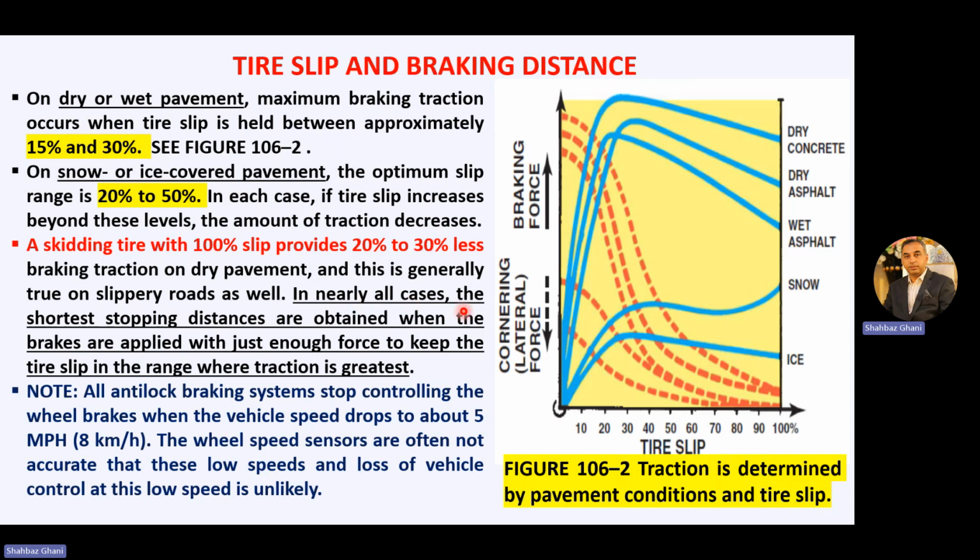In nearly all cases, the shortest stopping distances are obtained when the brakes are applied with just enough force to keep the tire slip in the range where traction is greater. Now let's see this graph. On our x-axis, we have tire slip from 0 to 100%, and on our y-axis, we have the cornering lateral force, meaning we are turning, so lateral force is applied, and the braking force.